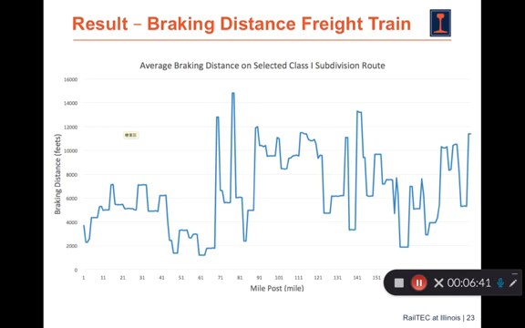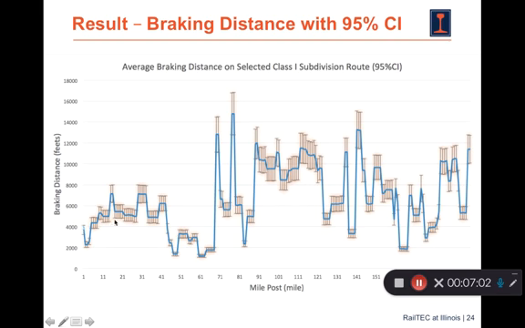After I do the calculation, I get the braking distance of the freight train like this. Through the 200 miles, sometimes it needs a longer distance to stop, and sometimes it takes shorter. Since at every milepost I run 1000 times, I get a confidence interval with 95% confidence.